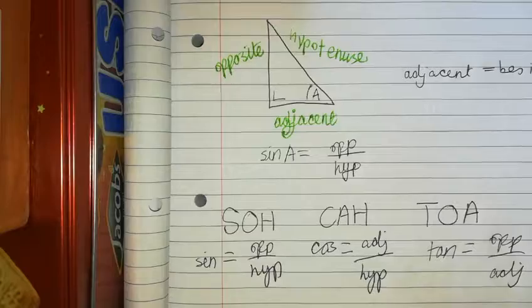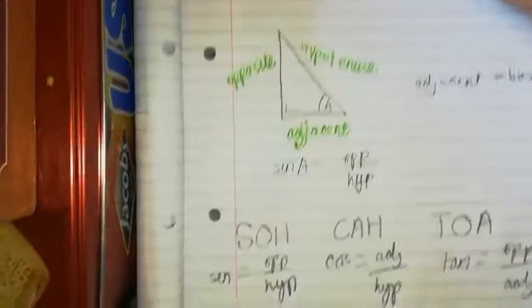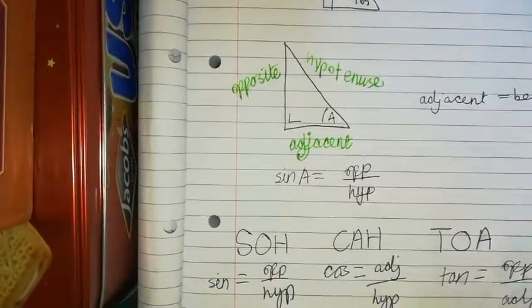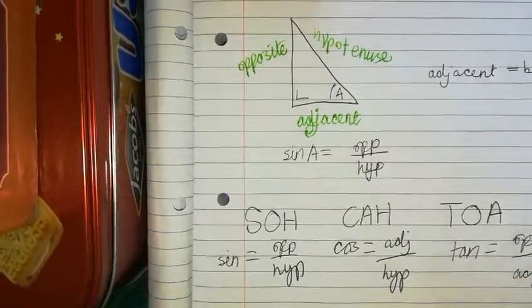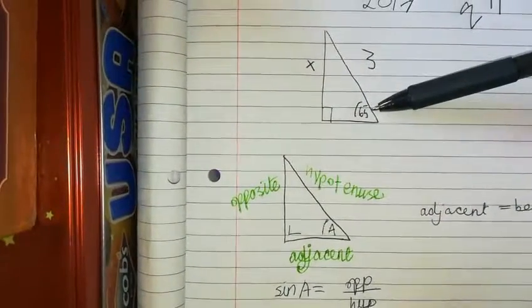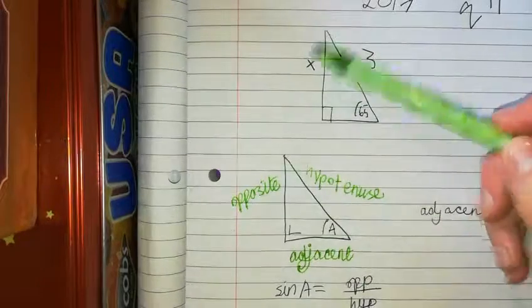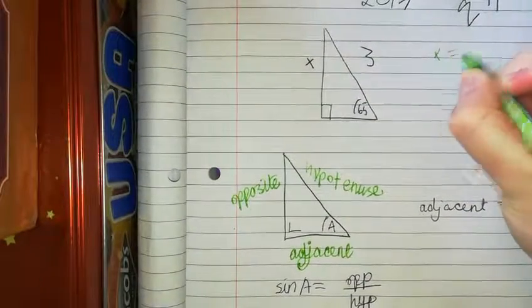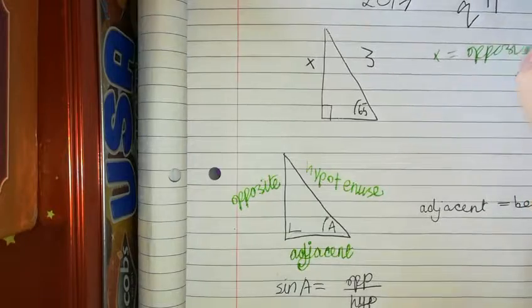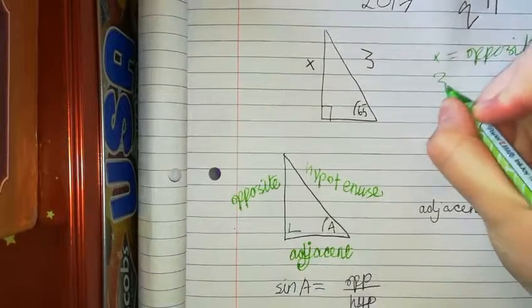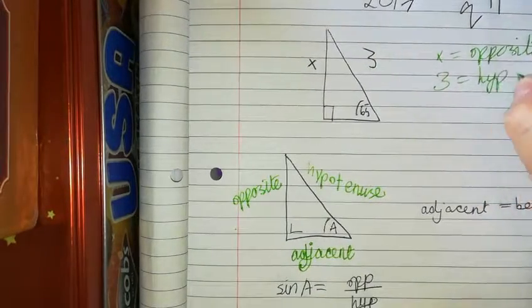We can see from our formulas that the sin of an angle is the opposite over the hypotenuse. If we look back to this triangle, the opposite is x, so x is equal to the opposite. The hypotenuse is 3.